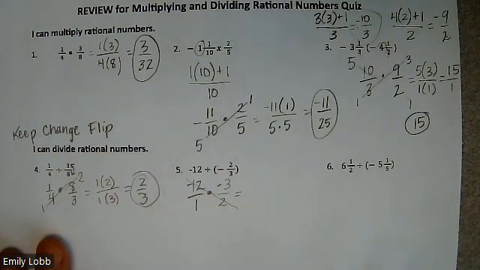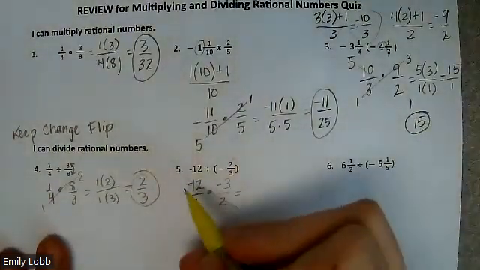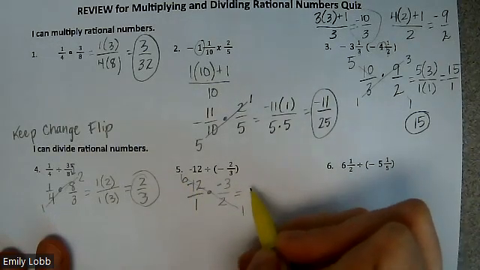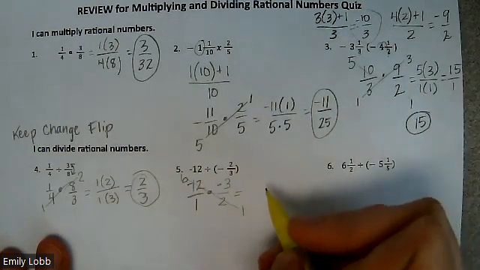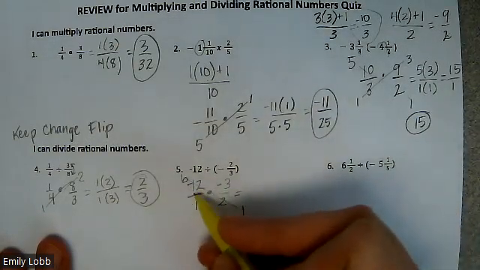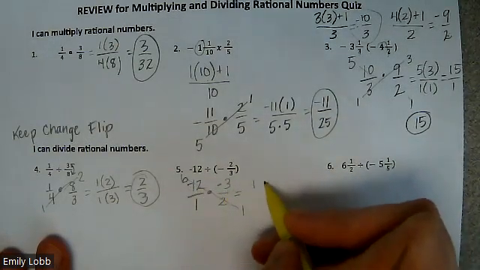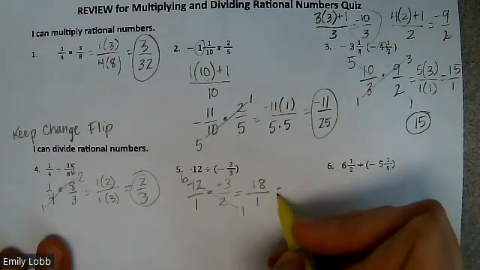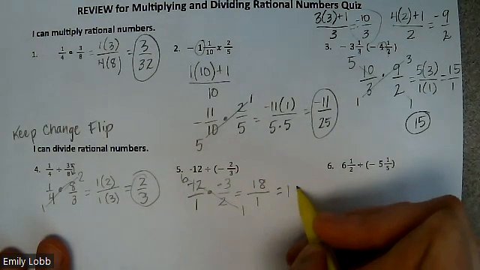They're even, so I can divide them both by 2. What's 12 divided by 2? 6. 2 divided by 2 is 1. What is 6 times 3? 18, and I have negative times a negative, so it's staying positive. 18 over 1 is the same as 18.